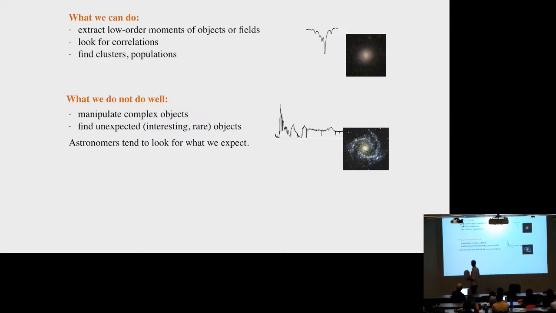All right. Okay, so things we can do well in astronomy, we do very well when we have blobs in 1D, blobs in 2D, when we can use Gaussian distributions or polynomial expansions to describe what we see. What we cannot do well is when complexity arises and this language here is no longer the one that allows us to describe what we see.